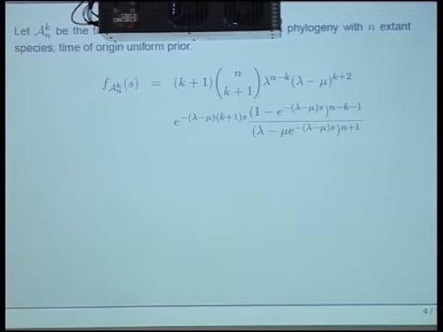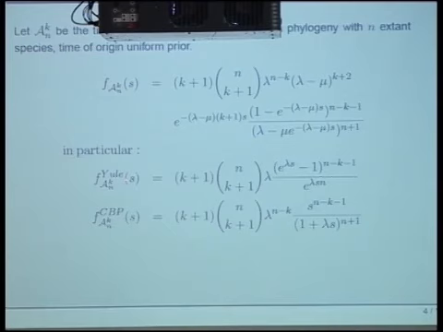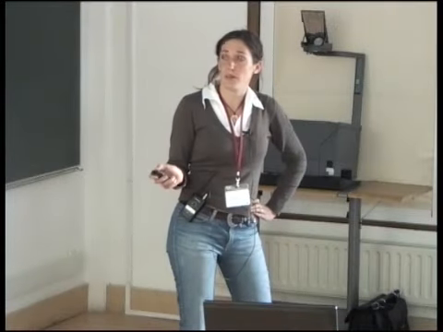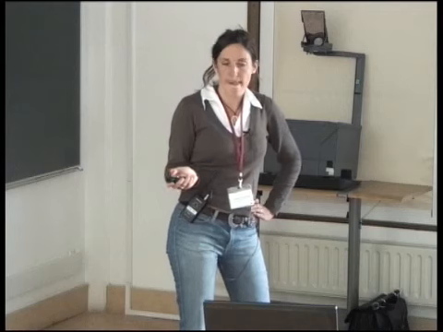However, for the Yule model, where we don't have extinction, it looks a little bit nicer. And the other special case is the so-called critical branching process, where the birth rate lambda equals the death rate mu. We also have a slightly nicer expression. So now for k equals 1, that would be the most recent common ancestor, we would know the distribution of when it appeared in our reconstructed tree.